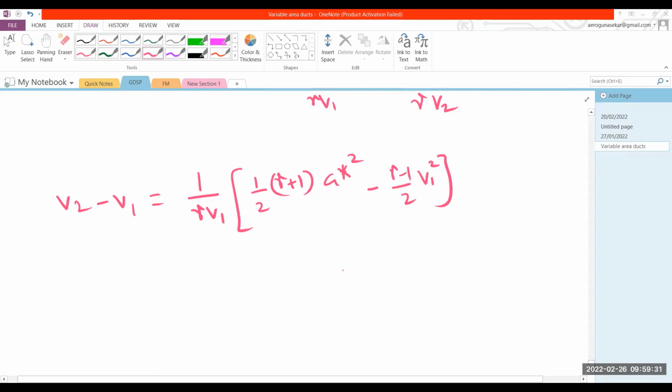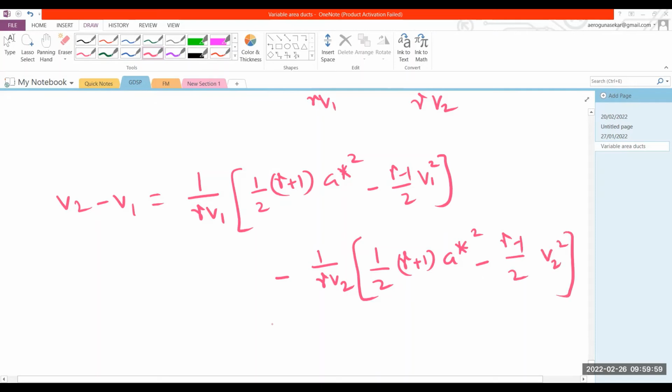So this is a1 and minus a2. Similarly, 1 by gamma v2 into 1 by 2 gamma plus 1 into a star square minus gamma minus 1 by 2 into v2 square. If you see this equation, we can take some terms common.